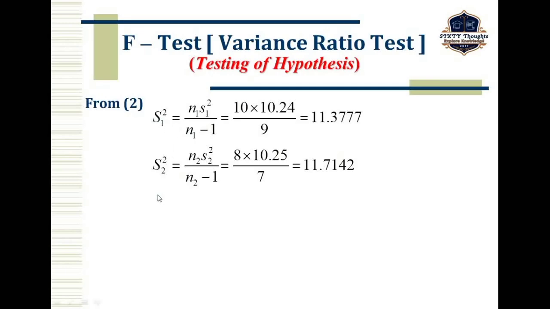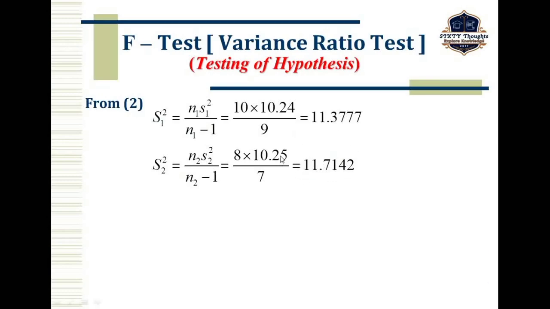Now we are going to write the F value. F equal to S1 square by S2 square, otherwise S2 square by S1 square. In the variance ratio test, in the numerator we should always write the largest value of either S1 square or S2 square. Here we see which one is largest and consider that as the numerator.